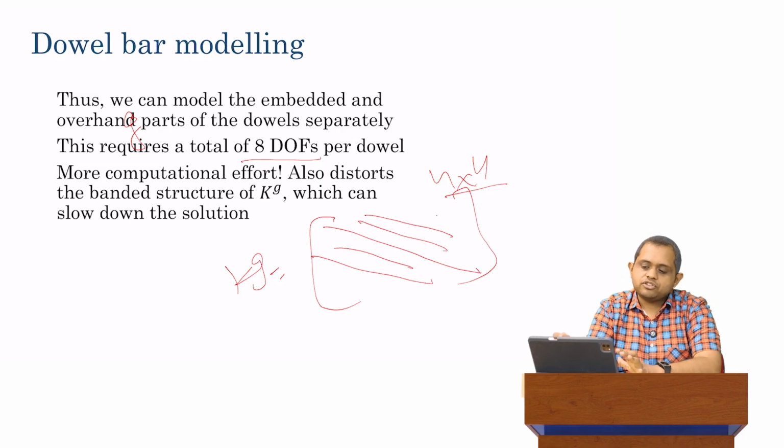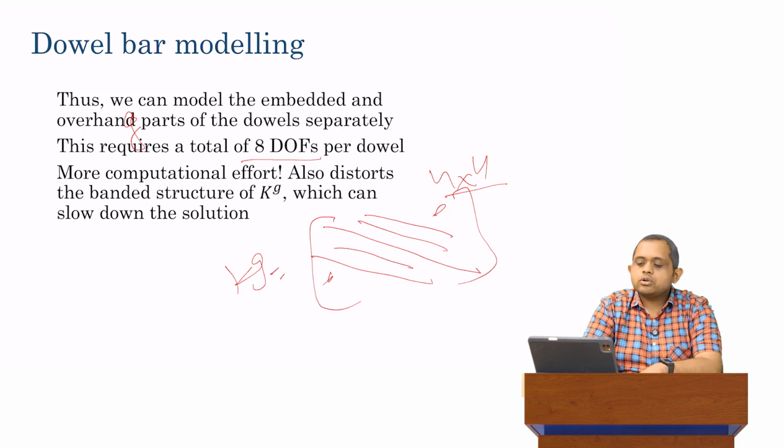We start having elements which are away from the band, and that can significantly slow down the solution. In the finite element method, while we are concerned about accuracy, we are also concerned about speed. That is one of the major pillars of FEM. So if we lose this banded structure because of this 8 by 8 matrix, then we end up losing speed. That can be quite a problem.